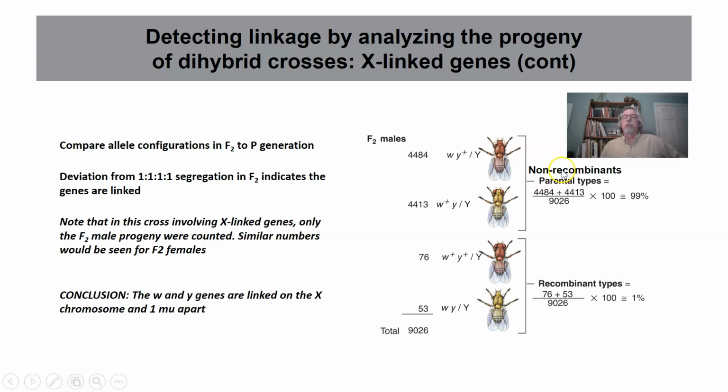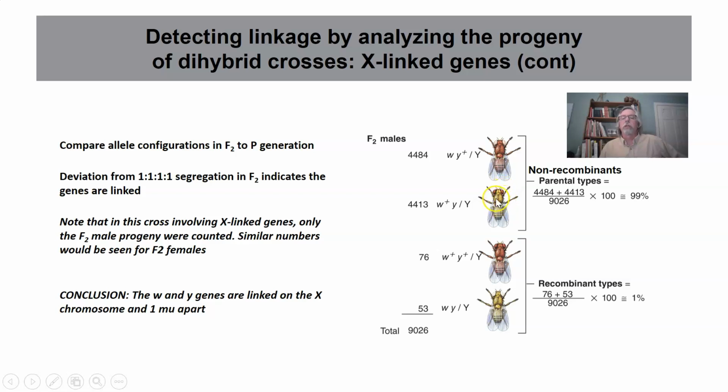The non-recombinant or parental types are showing 1 mutant and 1 wild-type phenotype, and that's because they received a chromosome with alleles in trans. That's the parental or non-recombinant arrangement. The other parental type has one mutant and one wild type phenotype. Wild type eye color, red.